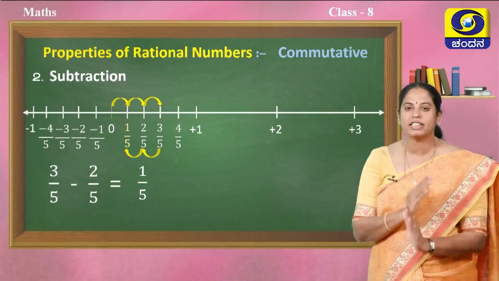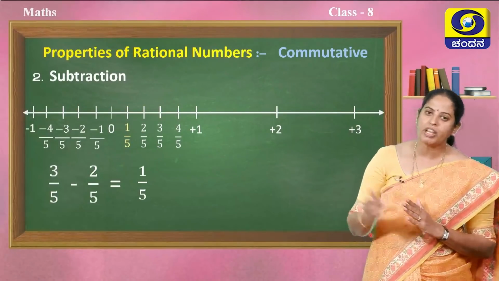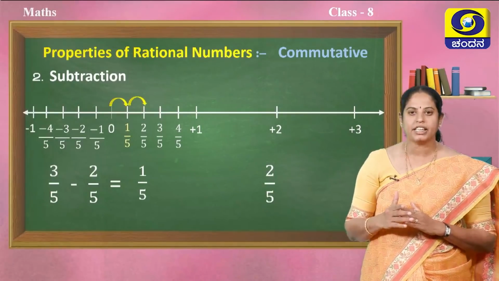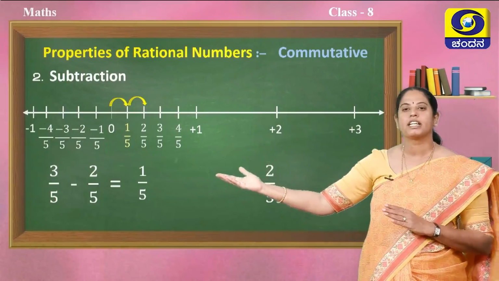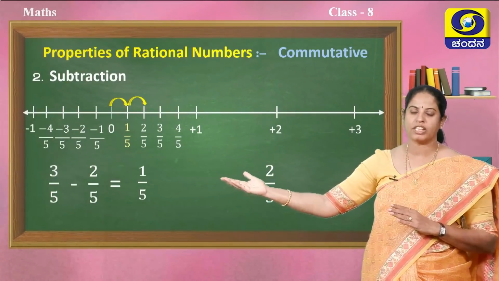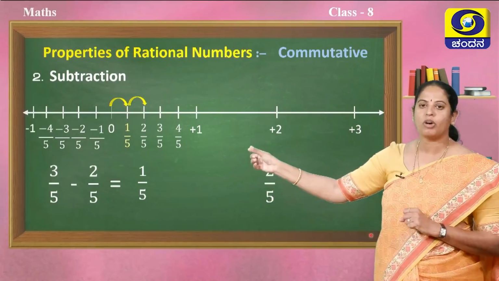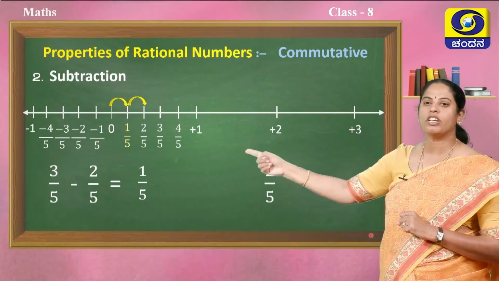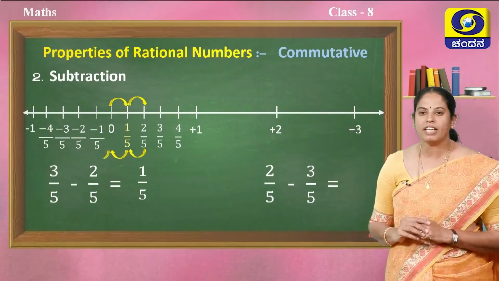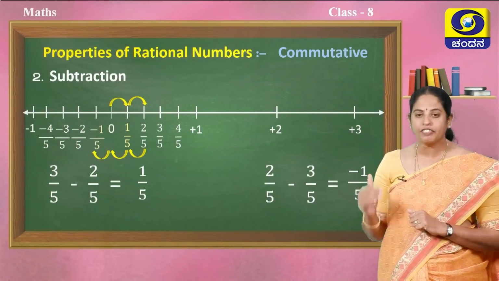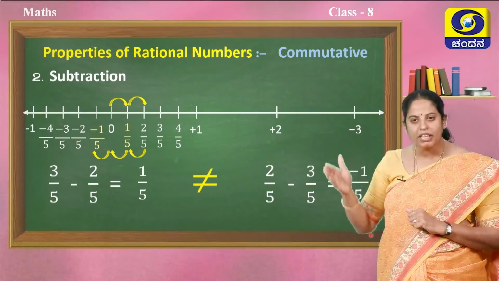Let us reverse this. I will consider 2 by 5 first. Then 2 by 5 means I have to move 2 parts in the positive direction, and the parts I have made are 0 to 1, 5 equal parts. That is 2 by 5, you can observe. Now I am going 3/5 parts from 2 by 5.